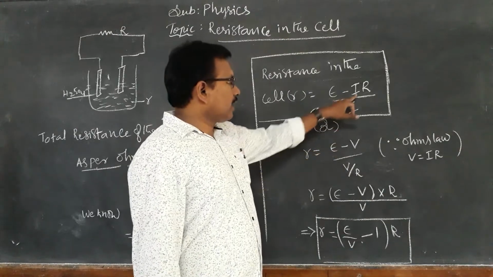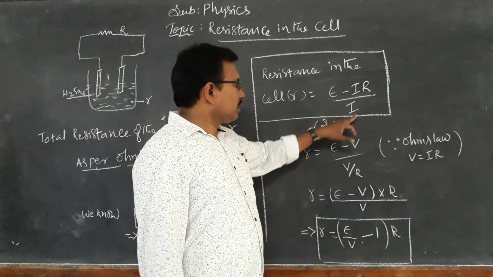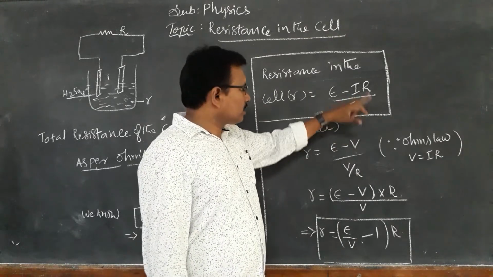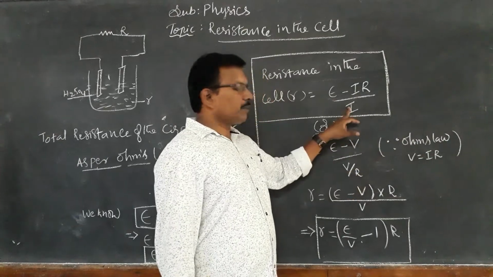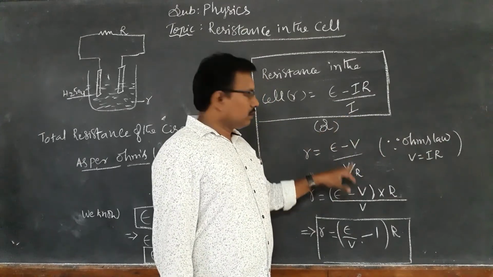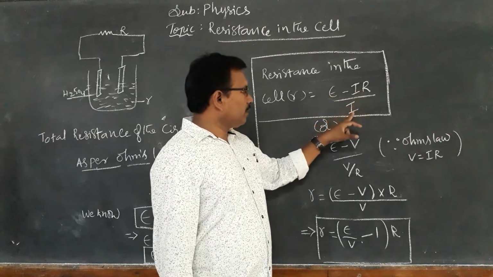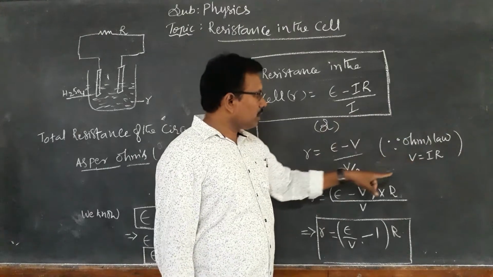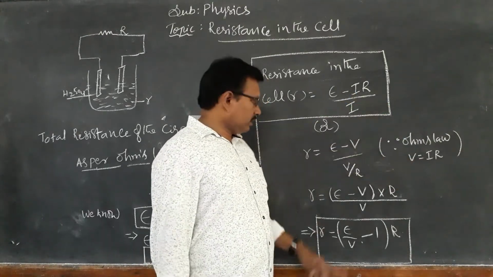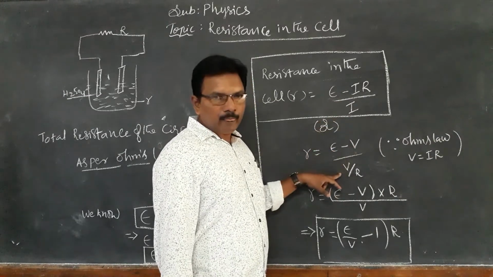E minus, as per Ohm's law, IR is equal to V. Now I means V by R. In the place of I, V by R. So if you simplify, E minus V, all divided by V by R. Modified as per Ohm's law.